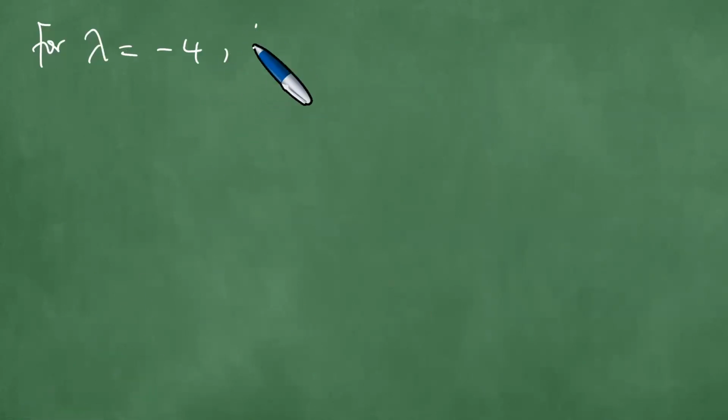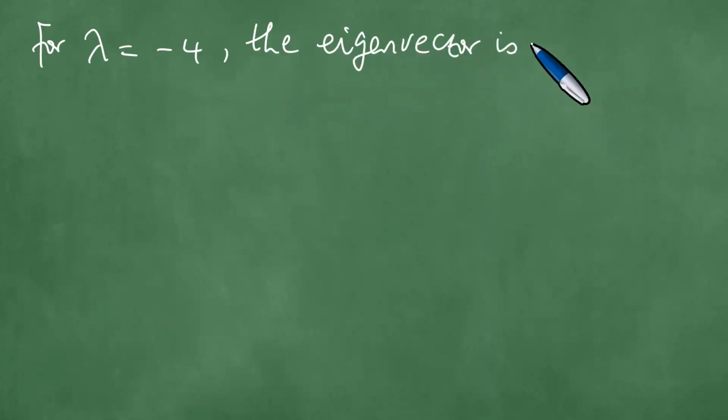The eigenvector is -3, minus 14 over 13, 1.